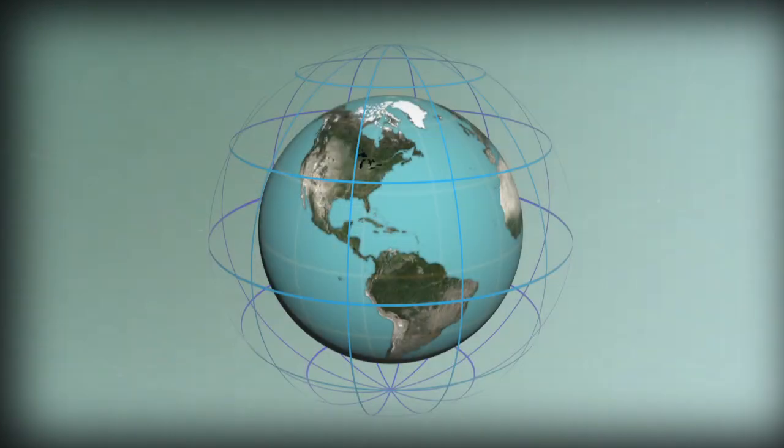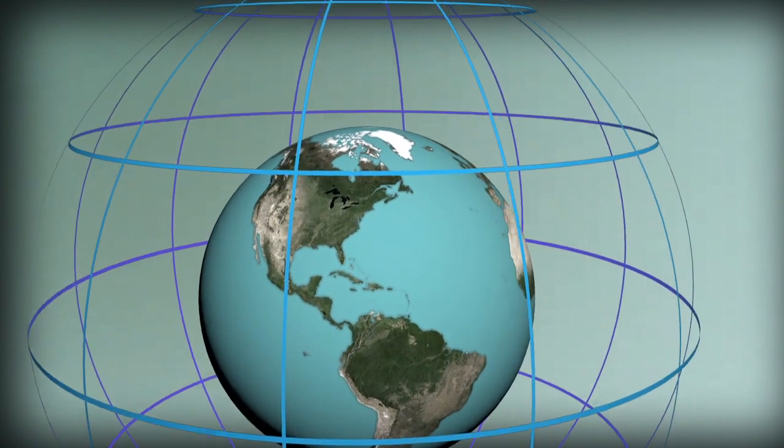So let's imagine a giant transparent sphere centered on the Earth, marked with grid lines of latitude and longitude. The latitude lines tell us how far we are from the celestial equator. That's the projection of the Earth's equator up into the sky. And the longitude lines tell us how far east or west we are from the celestial equivalent of the prime meridian.